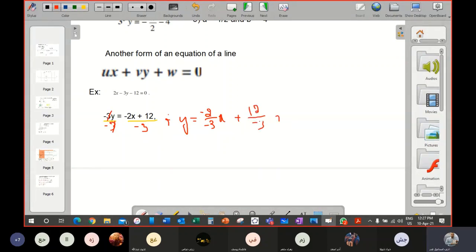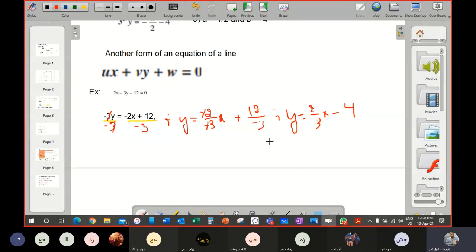Not finished yet. Finally we say y equal minus with minus becomes plus, we get 2 over 3 x, and here plus and minus, they are minus. 12 over 3 is how much? Is 4.